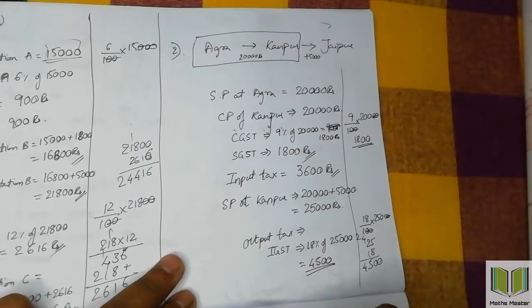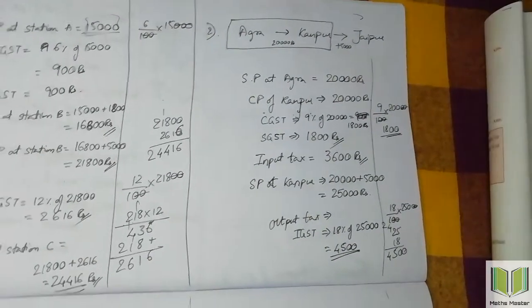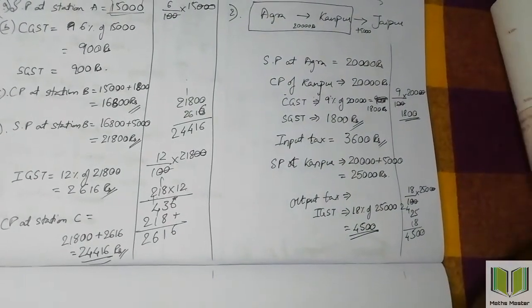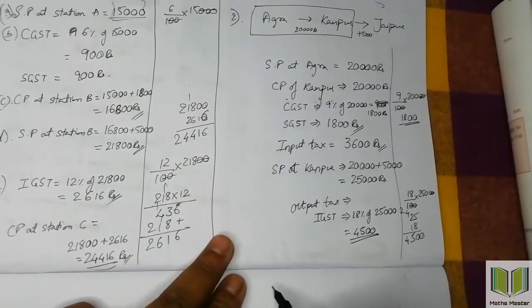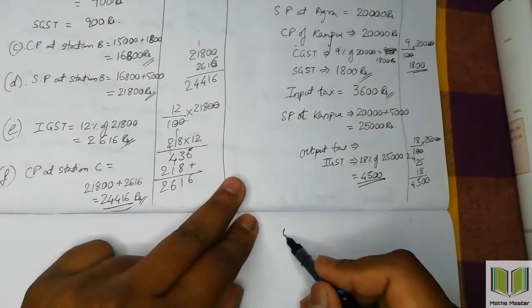Now pay attention to this part. They have asked the net GST payable by the dealer. What is the net GST payable by the dealer when he is selling an item? So net GST is the first part of the question. I'm writing it on the next page, guys.